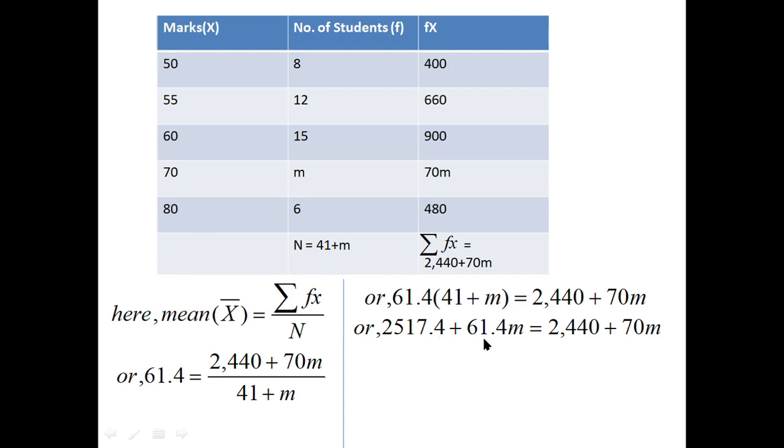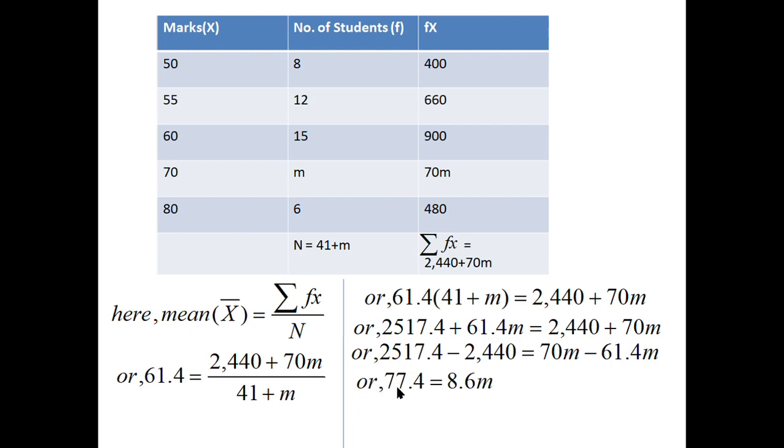After that we have to arrange the like terms together and get the value of m. For that we bring 61.4m to the right side for subtracting with 70m, and this 2440 we bring to the left side for subtracting with 2517.4, and by doing that it comes 77.4 equal to 8.6m.